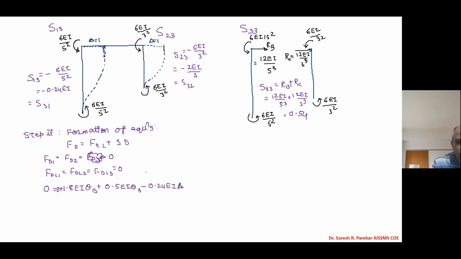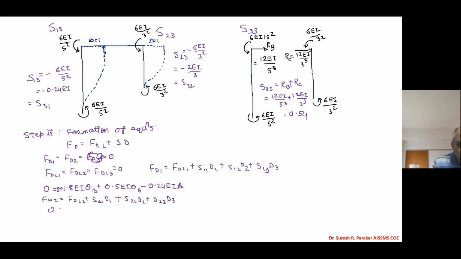So this equation is FD1 equal to FDL1 plus S11 D1 plus S12 D2 plus S13 D3. Similarly FD2 is equal to FDL2 plus S21 D1 plus S22 D2 plus S23 D3.